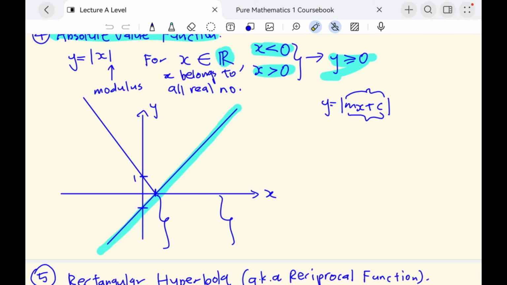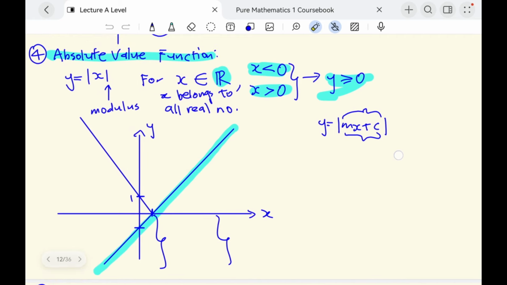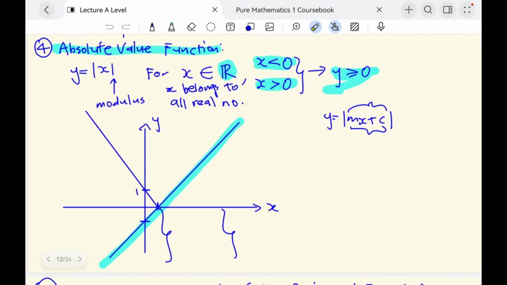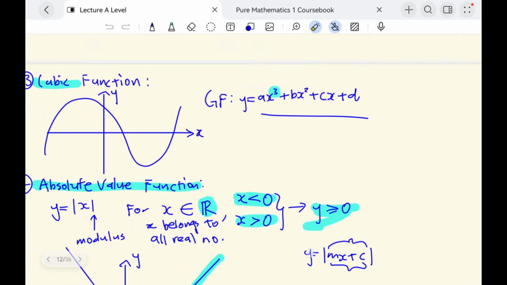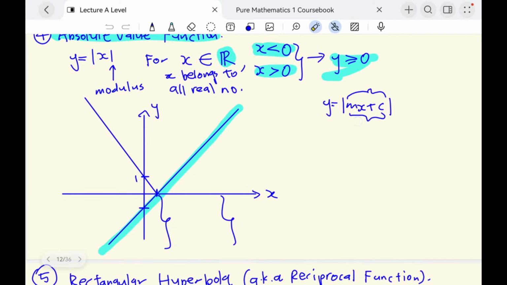So how do you draw an absolute value function graph? First, determine the inside function and draw the original graph first. You should know this from your IGCSE and SPM. That knowledge is your best prerequisite before applying it in this chapter.